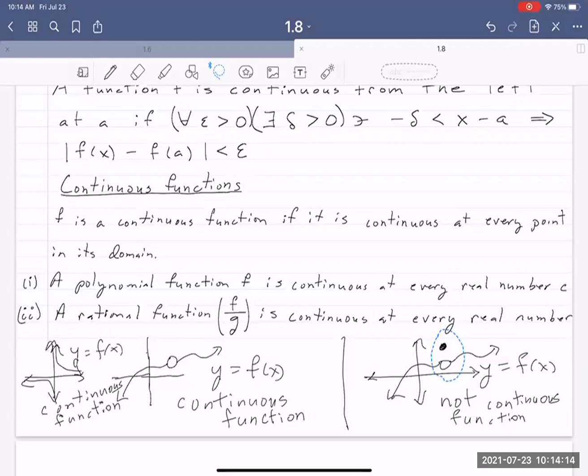It's not continuous here. I only look where the function is defined. If it's continuous where the function is defined, then it's a continuous function. I don't care that it's not continuous where it was not defined.